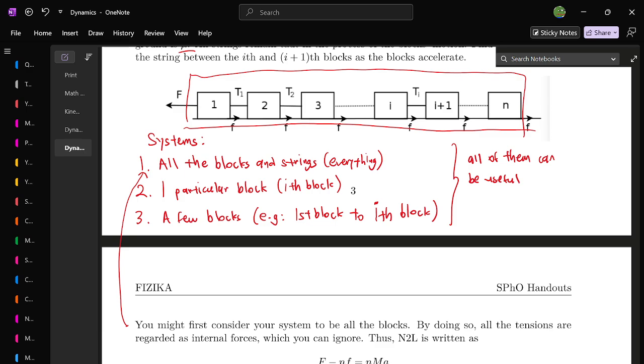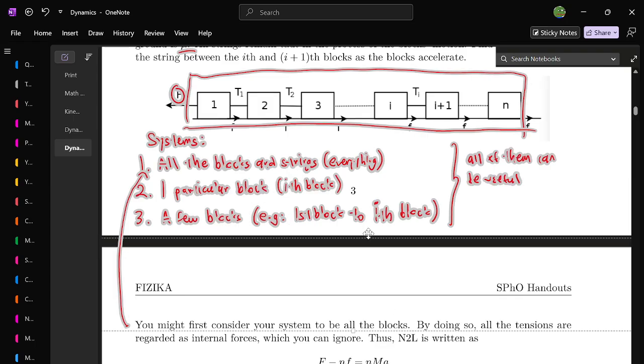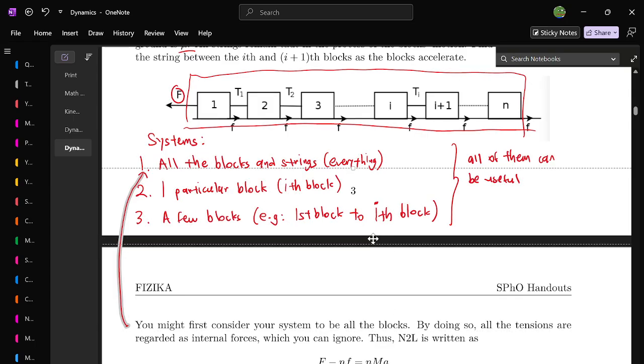That's your system. Then you can see that this force F effectively acts on this whole rectangle. All the tensions within the system are internal forces, so all the tensions are ignored. That's very good because you don't have to deal with all the nasty tensions anymore.